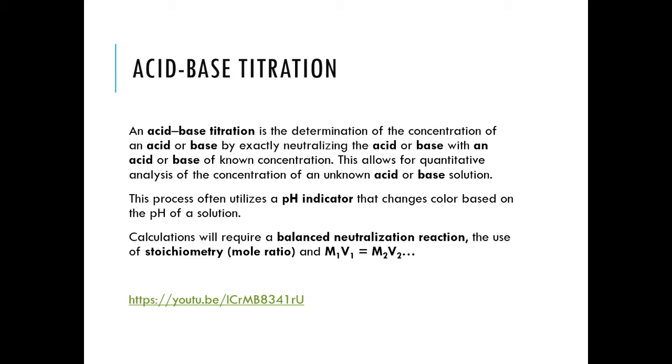Now, it's not just the math that we're going to be doing. Notice it says we have to have a balanced neutralization reaction and the use of stoichiometry. And I know what you're thinking: oh no, train tracks. Well, we're not really going to need train tracks here. Or, well, we might have to do a little bit of converting. But it's the mole ratio that becomes important. And we'll look at some examples of that right now.